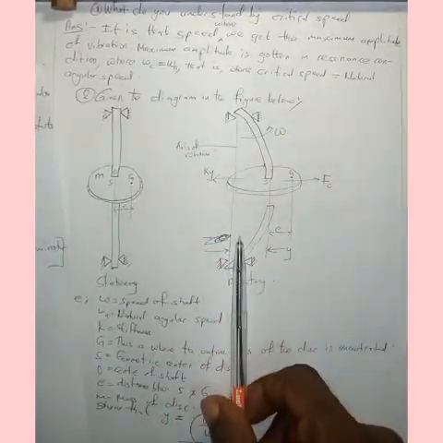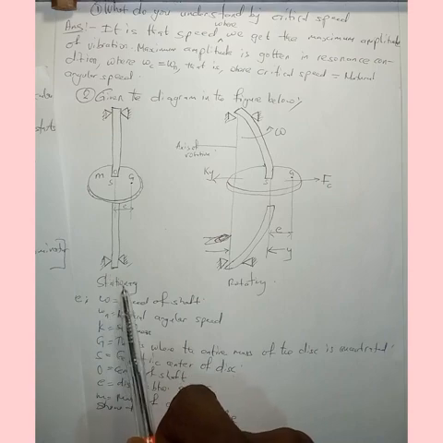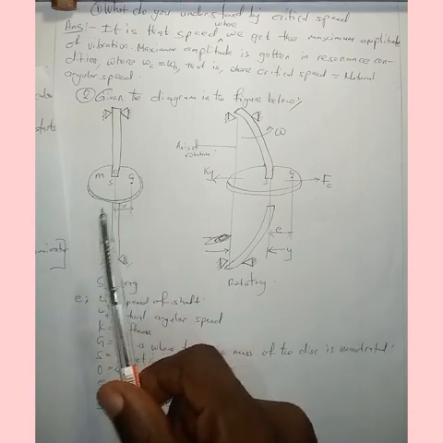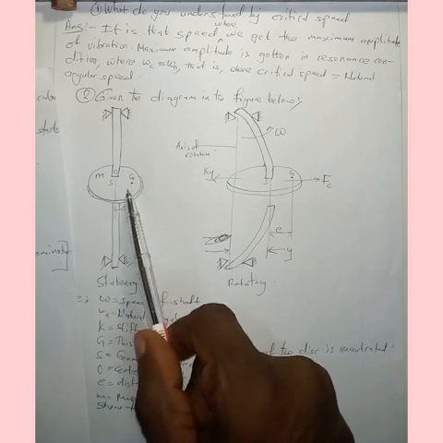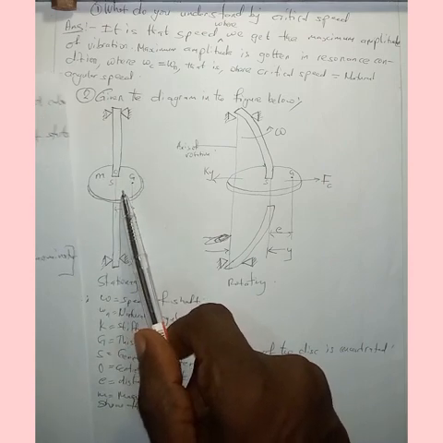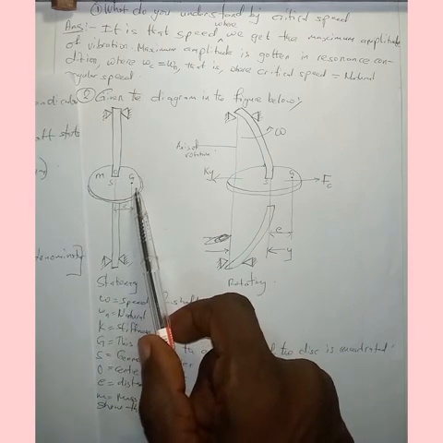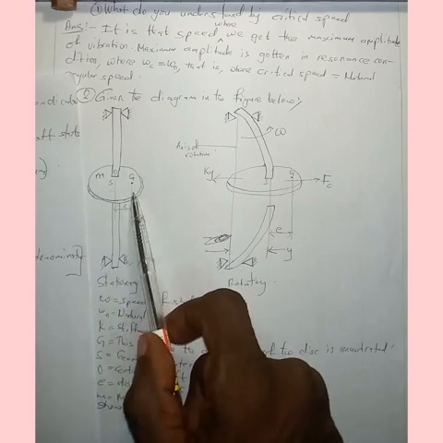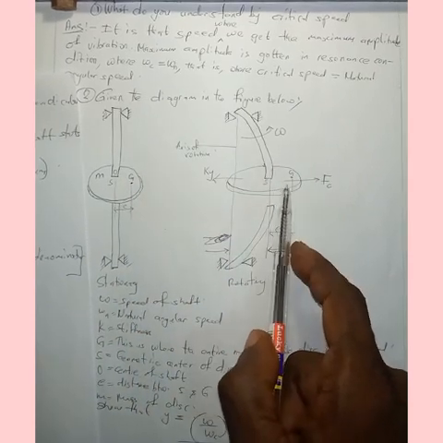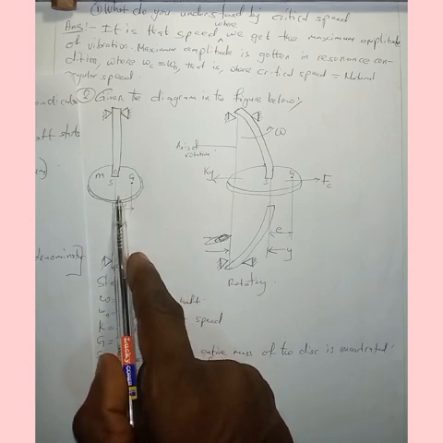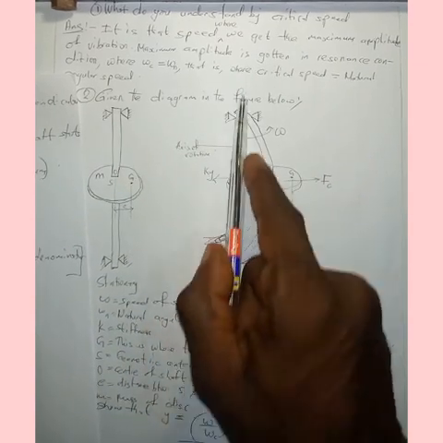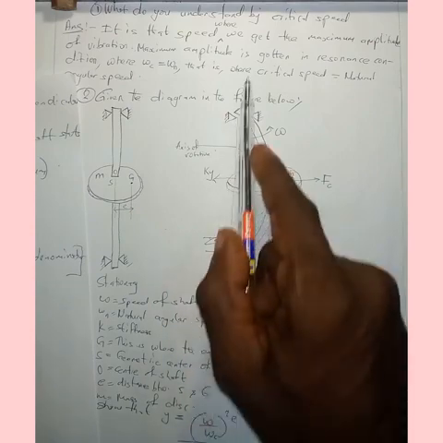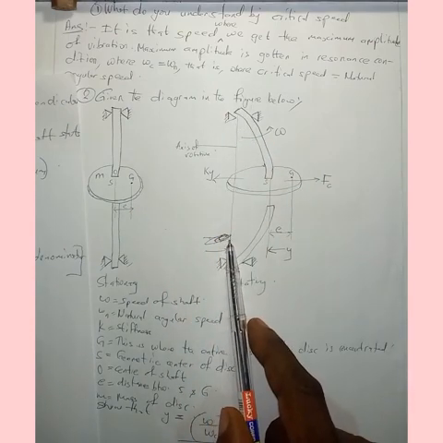When the shaft starts rotating, we have centrifugal force acting on this disc. As a result of the weight of this disc, this centrifugal force tends to pull the disc away from the axis of the shaft.